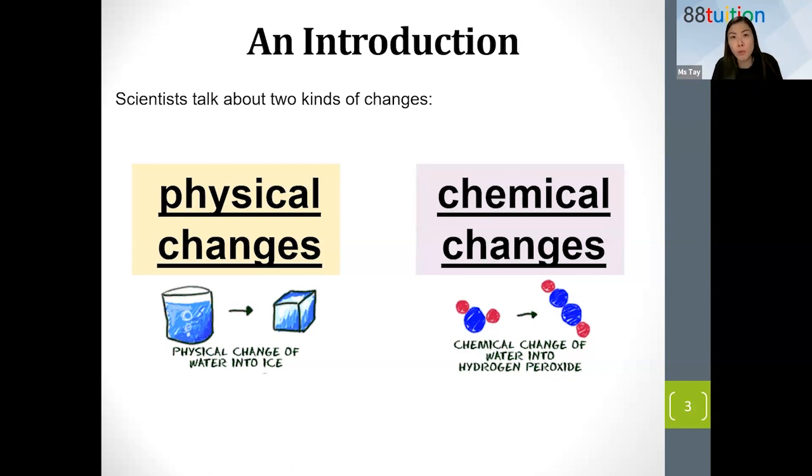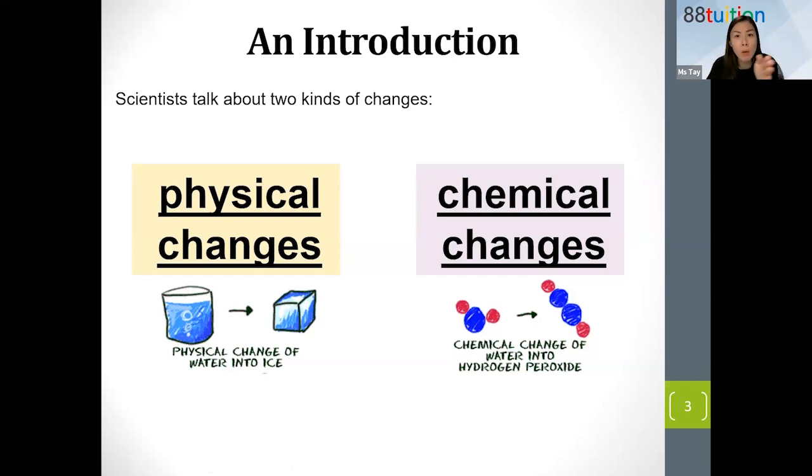It's still H2O. So if I let it undergo chemical change, for example, if I break water down into hydrogen and oxygen by passing electricity through the water, that is called electrolysis of water. That is a chemical change. Water is no longer H2O there. What you are getting are new products called hydrogen gas and oxygen gas.